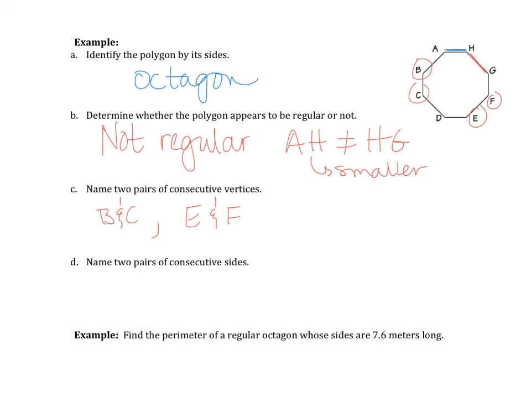And then name 2 pairs of consecutive sides. I'll go ahead and pick AH and HG. And then I'm going to pick CD and let's do DE. Again, consecutive means right next to each other. Okay?